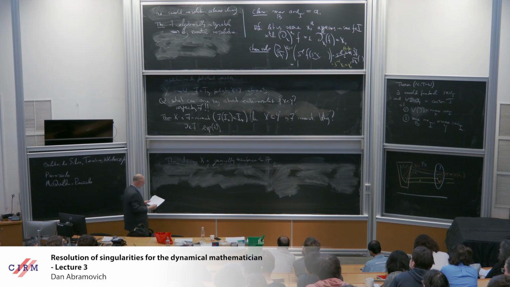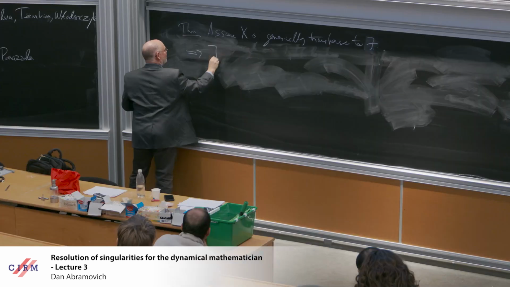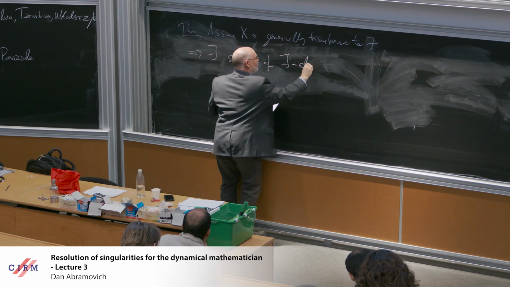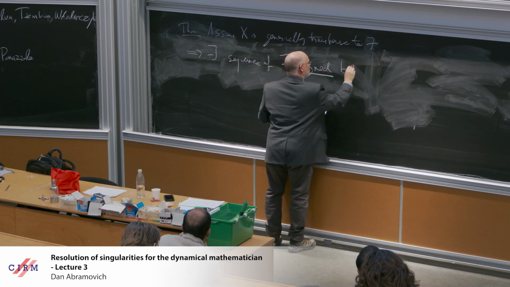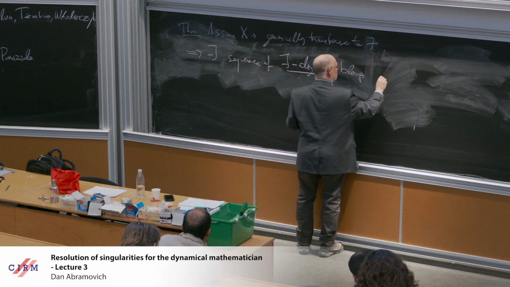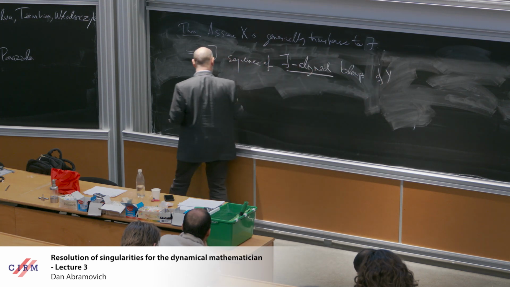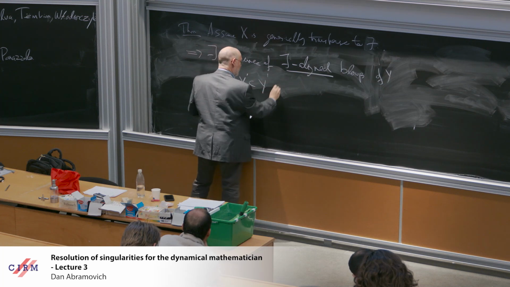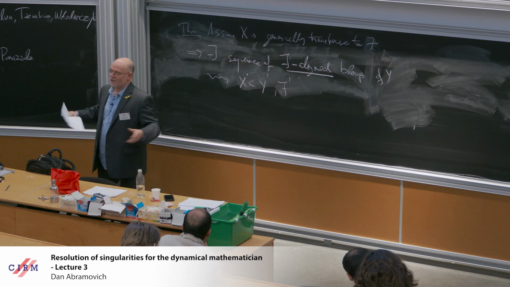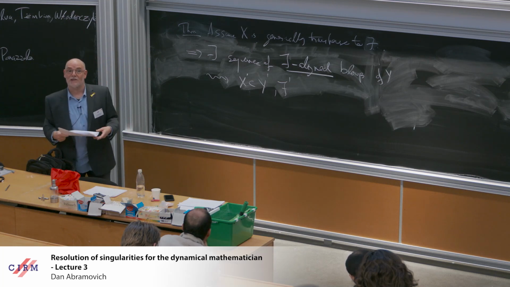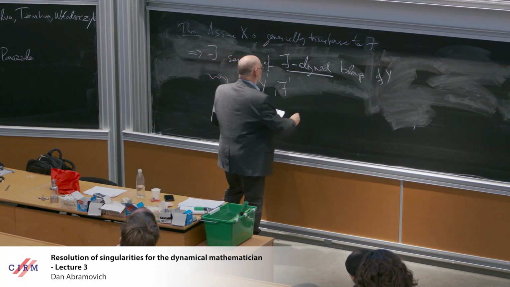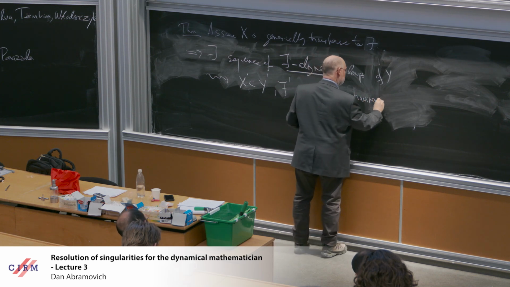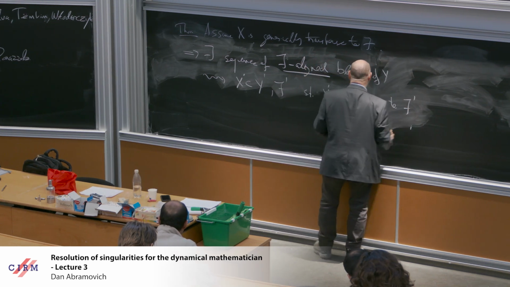Then there exists a sequence of F-aligned blowups of Y, ending in a proper transform of X inside a proper transform of Y and a transformed foliation F prime, taking the saturation of what you get away from the centers of the blowups, such that X prime is transverse to F prime.